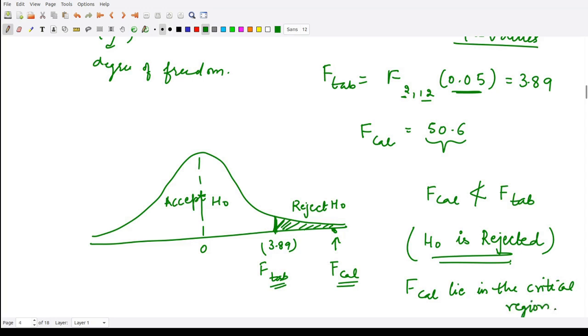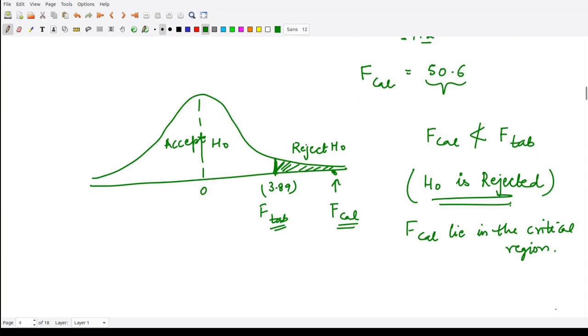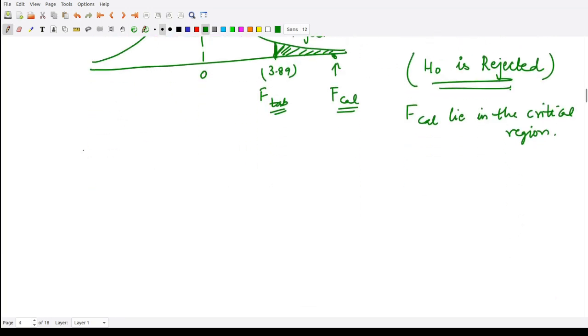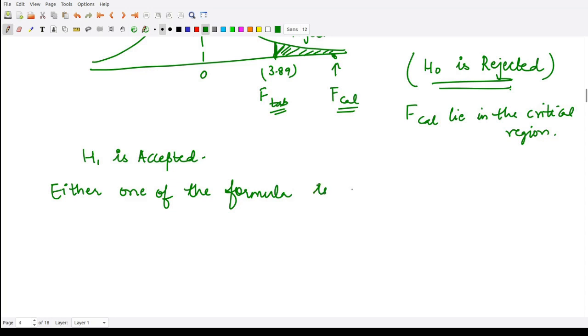So if we reject the null hypothesis, therefore we will accept our alternative hypothesis. So H1 is accepted. So therefore we say either one of the formulas is not equivalent. So that means at least one of the formulas is good. So this is how you solve this question.